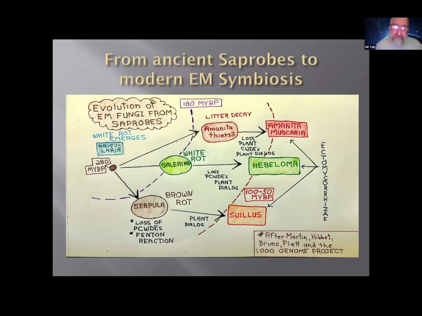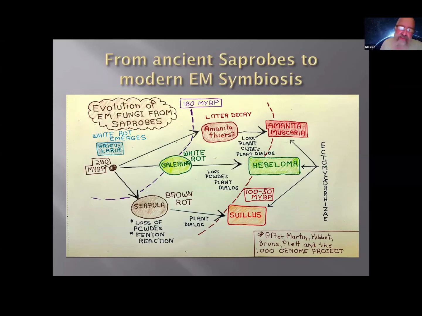And here's a chart of that. I borrowed this idea from Francis Martin and David Hibbett, but we're going to end up with this. If you go back 300 million years here, where my cursor is, what you see is sort of the modern version of white rot. And that traces back to the Auriculariales, the jelly fungi, which were probably the first lineage of modern white rot fungi.